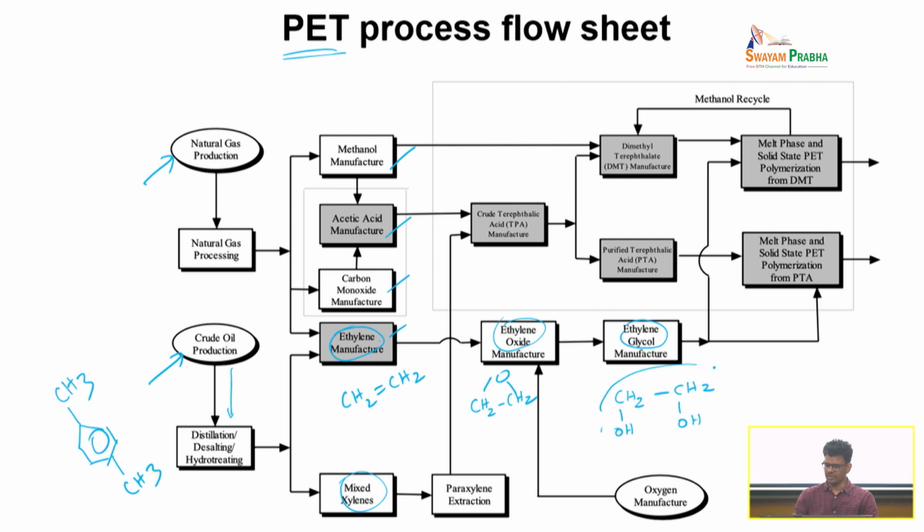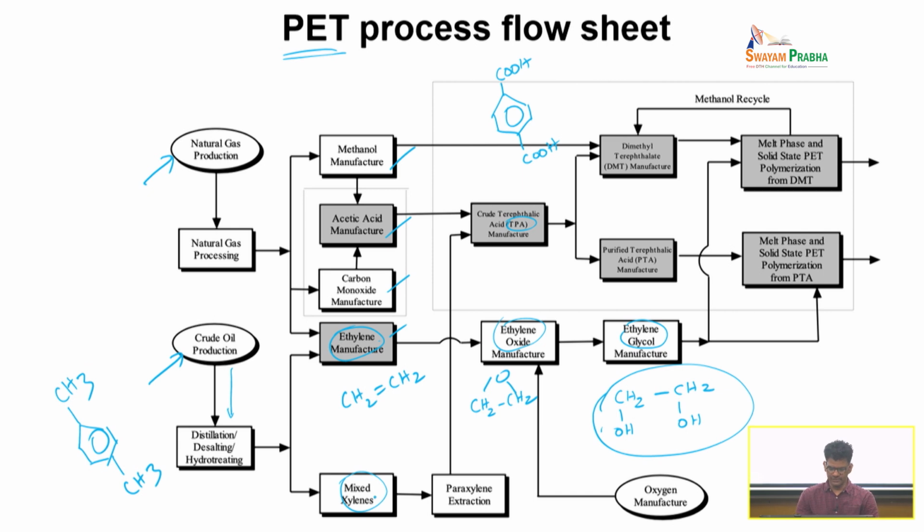So this is one of the important raw materials for PET production. The other raw material is TPA, that is terephthalic acid. The terephthalic acid formula is: you have this benzene ring and then you have COOH, and this terephthalic acid is produced from xylene.